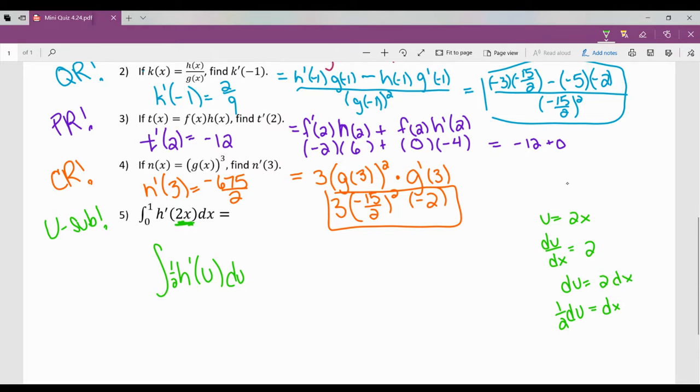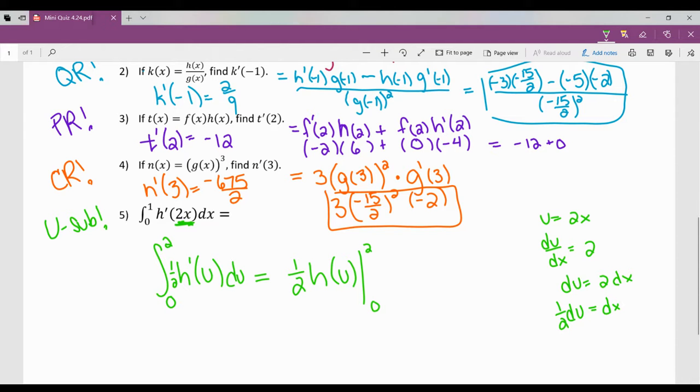These bounds need to be used, so 2 times 0 is going to be 0. 2 times 1 is going to be 2. So those bounds are now my u's. Now I do the antiderivative, so 1/2 is a constant, it stays in front. Antiderivative of h prime is h of u, and then we're going to evaluate that from 0 to 2.